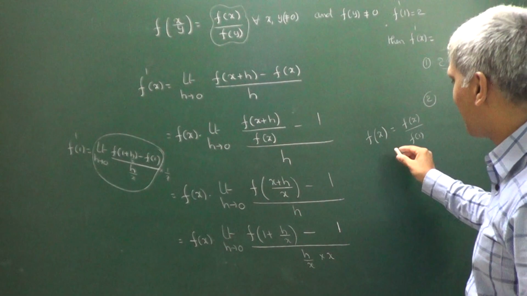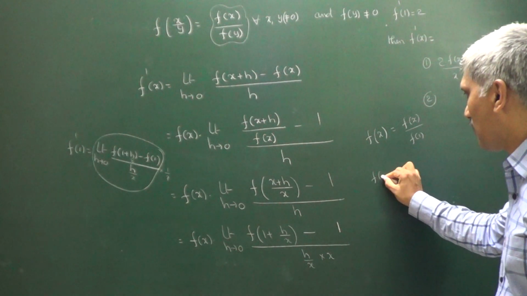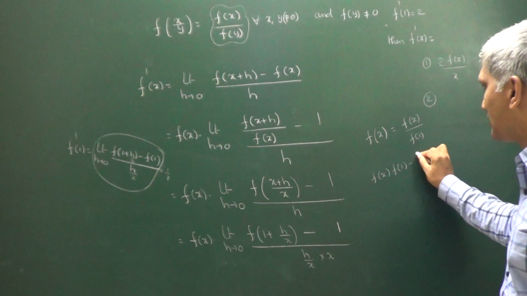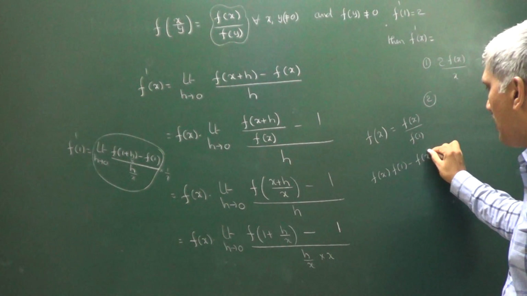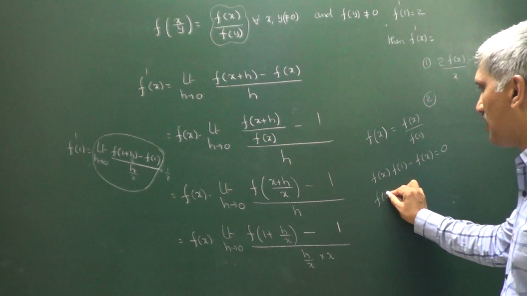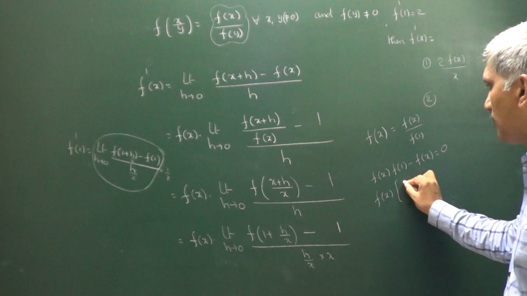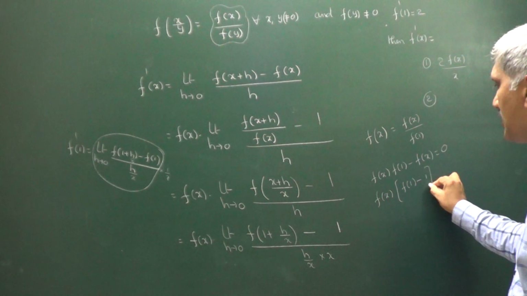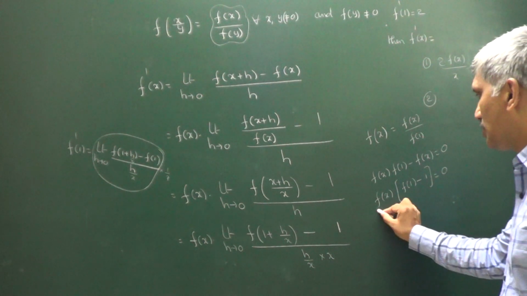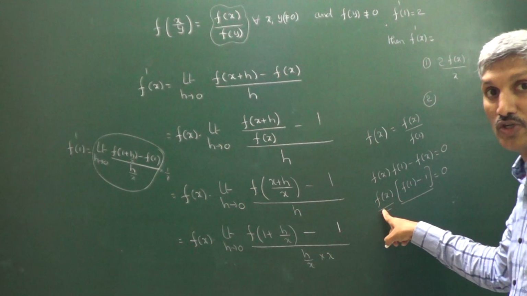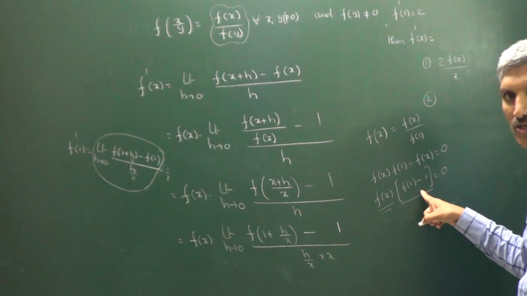Now you can see, this gives f of x into f of 1 minus f of x is equal to 0. If you take f of x common, we will get f of x into f of 1 minus 1 is equal to 0. This product is equal to 0 means either this is equal to 0 or this is equal to 0.